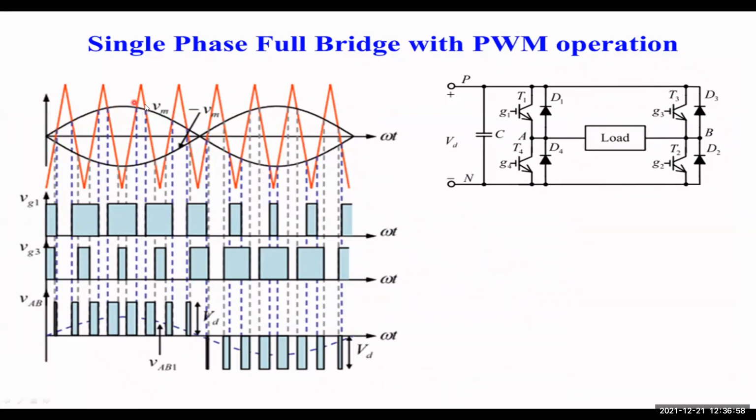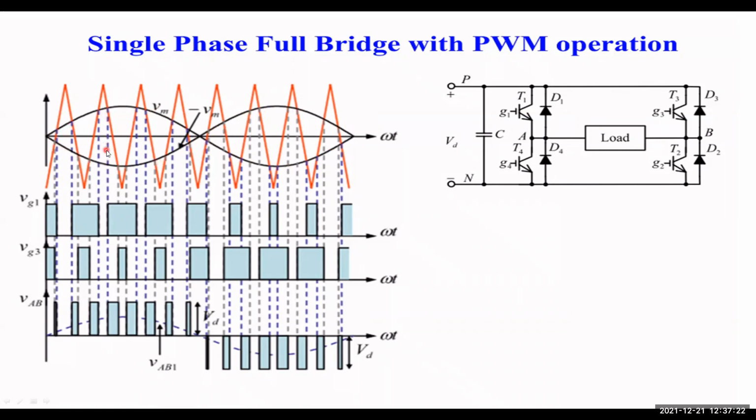One reference signal is like this, and the other reference signal is 180 degrees out of phase. Two reference signals are used here, and only one high frequency triangular signal.